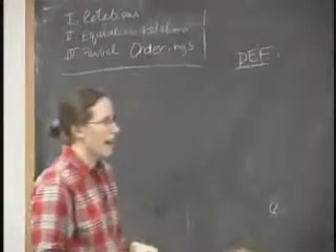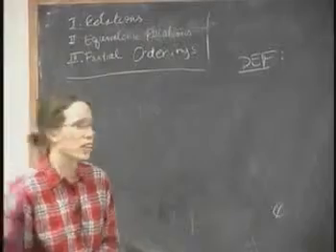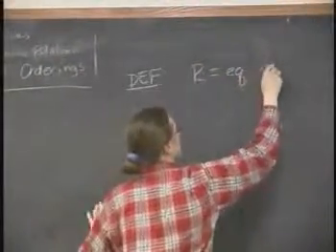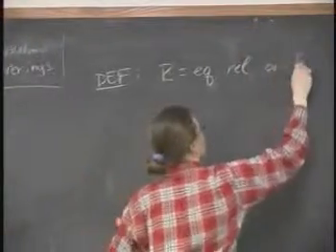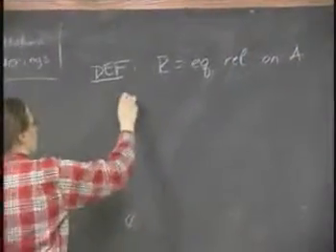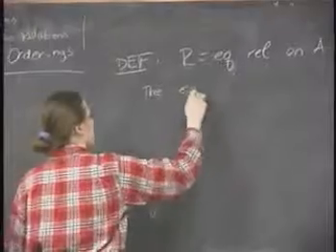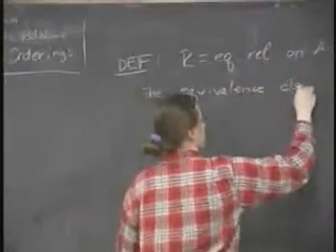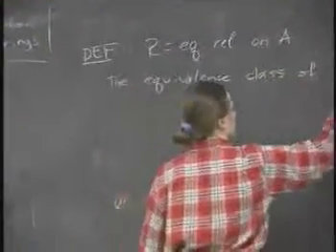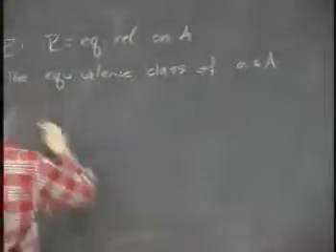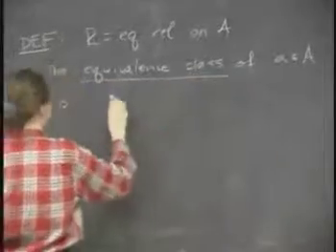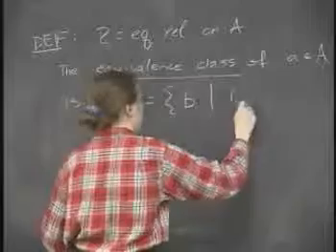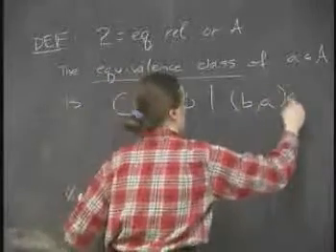The equivalence class of an element of A. So if R is an equivalence relation, then the equivalence class of A is the set of all B such that B is equivalent to A in this relation.